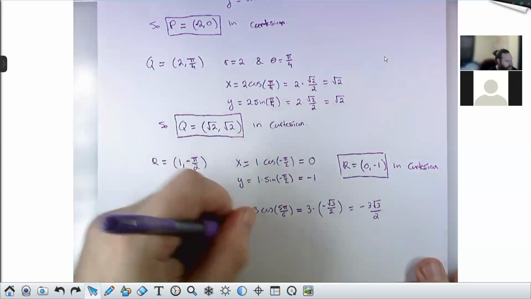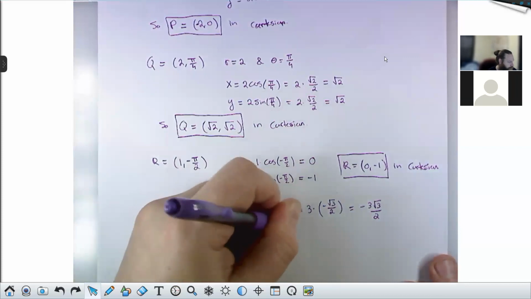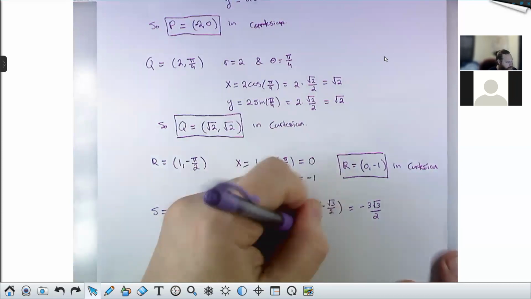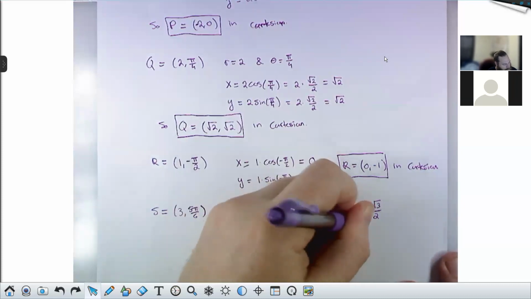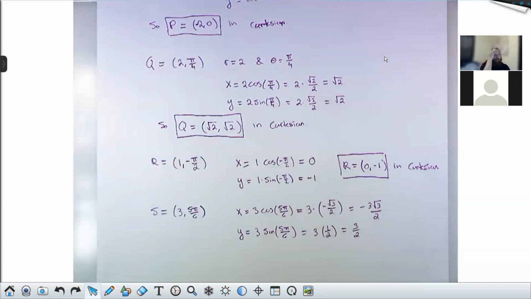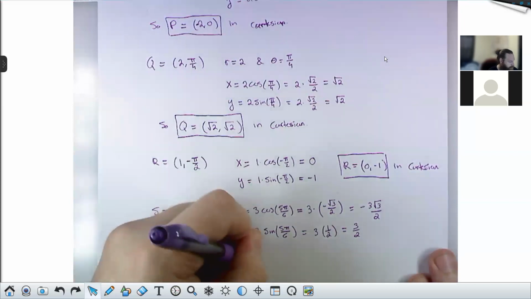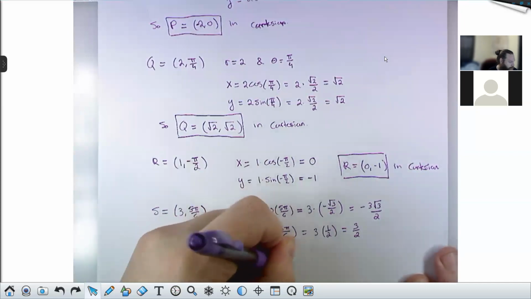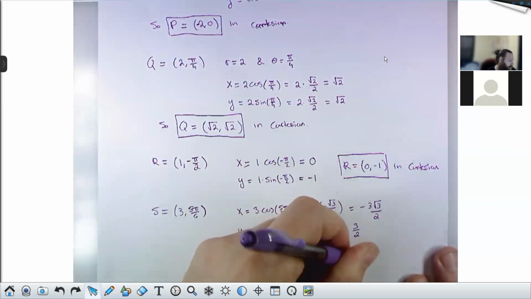And y, that's r sine theta, that should be 3 times the sine of 5 pi over 6. The sine of 5 pi over 6 is positive 1/2. So that's 3 times 1/2, or just positive 3/2. So the point S in Cartesian coordinates is negative 3 root 3 over 2, 3 over 2.